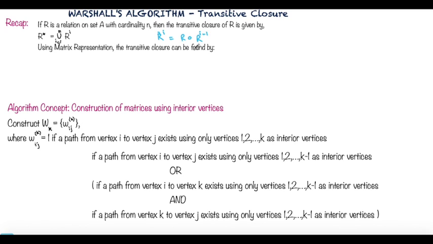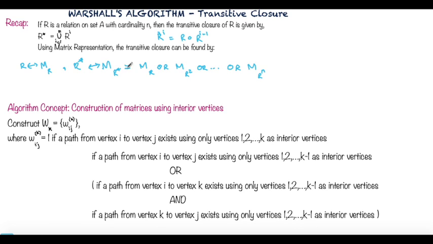So this is a recursive definition, and we can find R squared, R cubed, and up to R^n using this definition. Now, using matrix representation, if R is represented by M_R, then R star is represented by M_R star, which is equal to M_R or M_R squared or up to M_R^n.